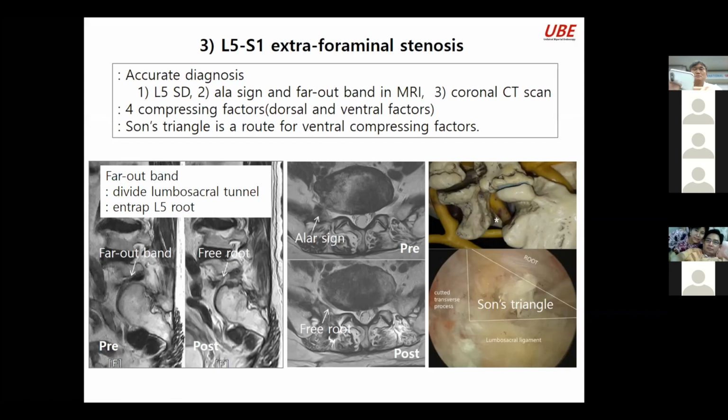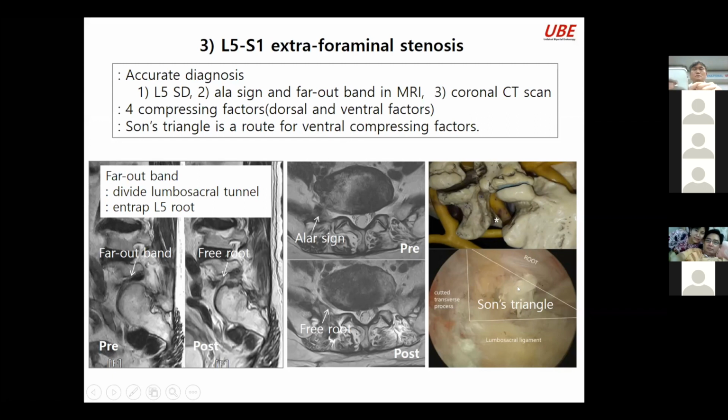Okay, we commonly use the Kambin triangle, which lies on the medial side of the root, and the commonly foraminal area is very easy through Kambin's triangle. But here, on the lateral side of the root, between the transverse process, the lumbosacral ligament and this root, this area is what we call the Sonja triangle.